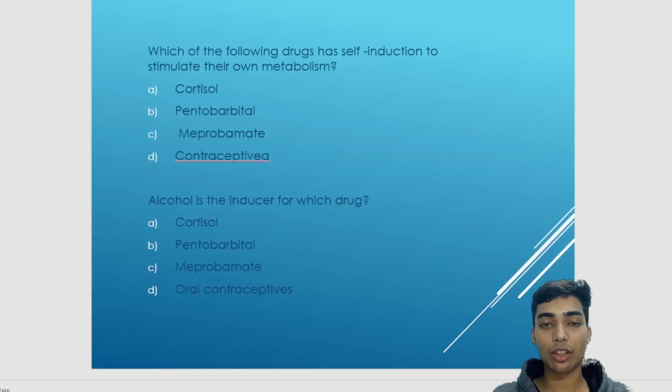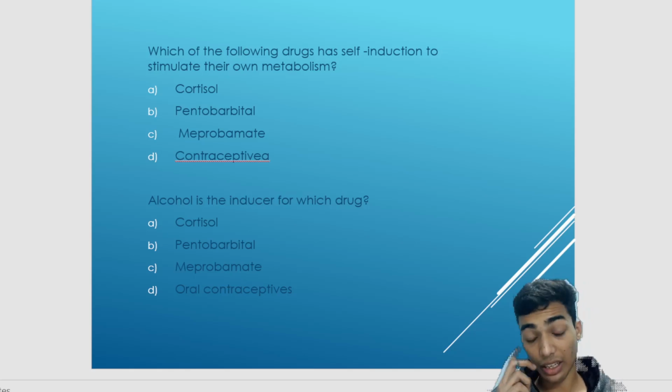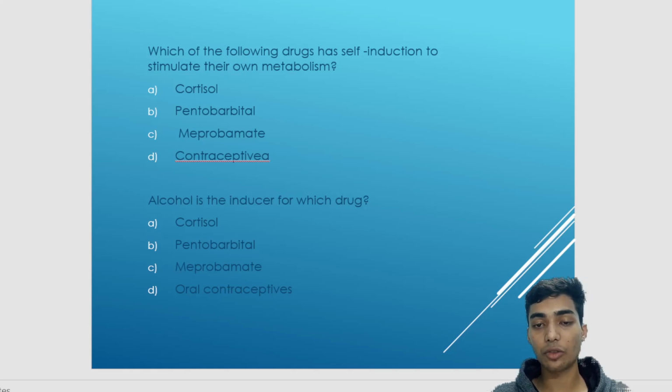Now some MCQs. Which of the following drugs has self-induction to stimulate its own metabolism? Here the answer is C, meprobamate. Second, alcohol is an inducer of which drug? Here the answer is B, pentobarbital.